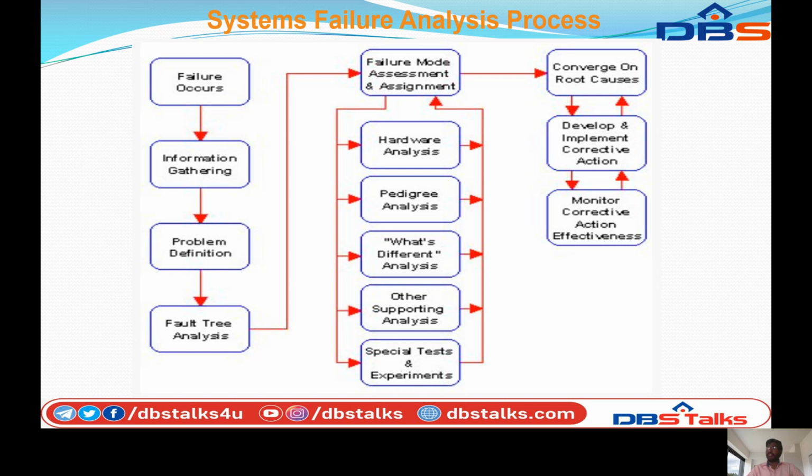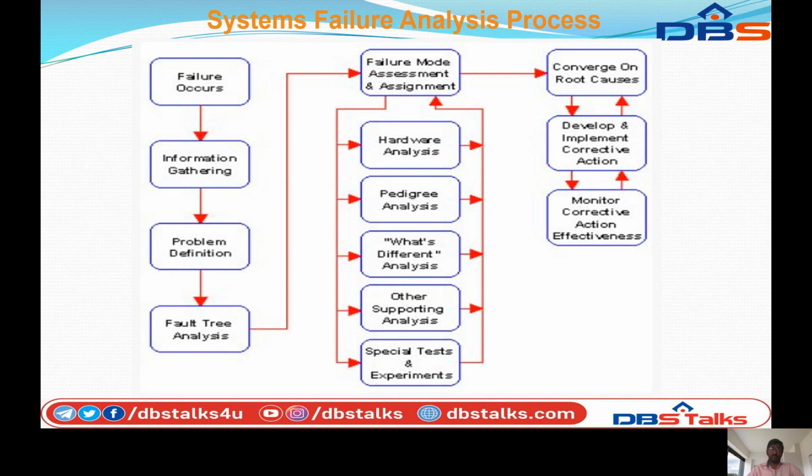When the problem definition is completed, we go to the fault tree analysis, which has several steps to identify the problem. After the fault tree analysis, we go to the failure mode assessment and assessment matrix.